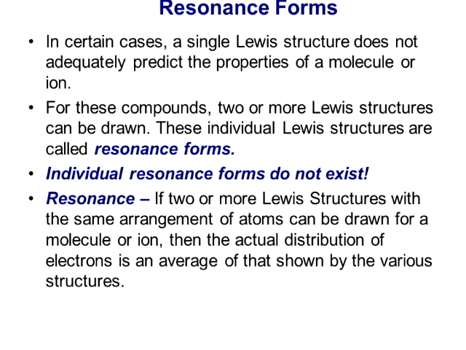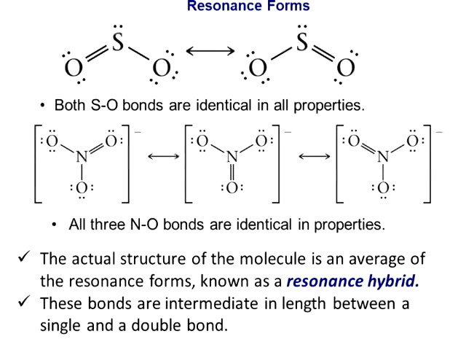In other words, the true representation of the structure is composed of all the possible drawings of that structure, which we call resonance structures. In other words, the true structure isn't the one, it's all of them. So here we show you what that looks like.